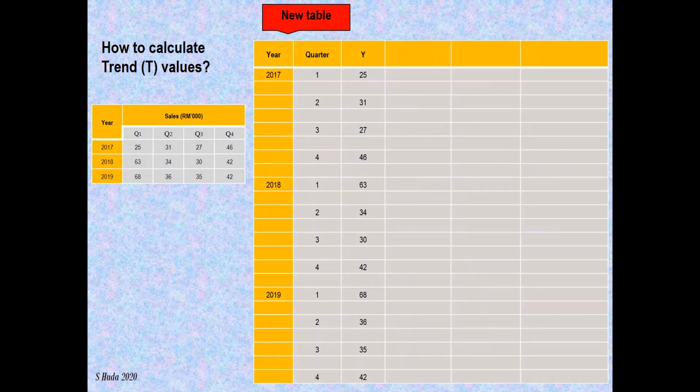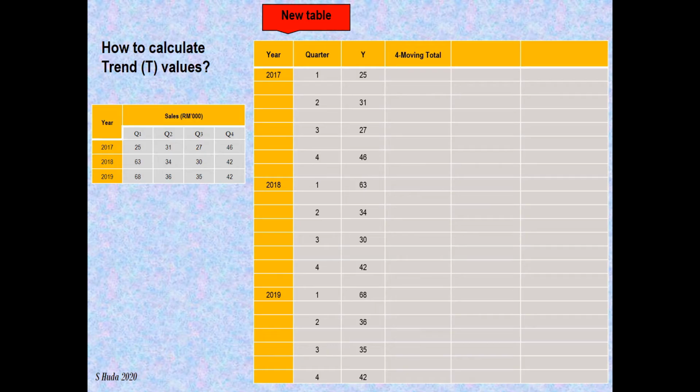But how to calculate trend values? Using the example, you construct a new table like this. Make sure the first column is the main unit, the second column is the subunit of time, and the third column is the data or observation. Column number 4 is for moving total, which means you add 4 by 4. Why 4?